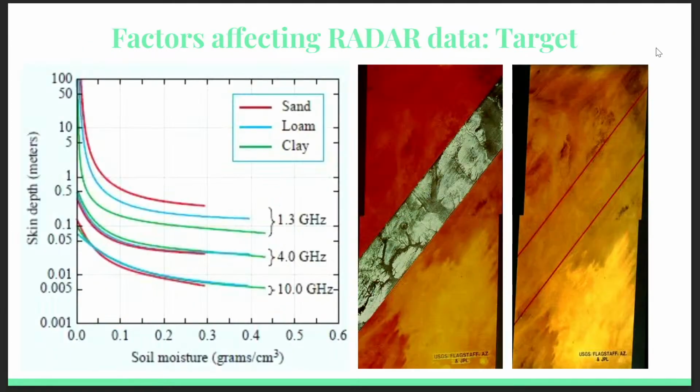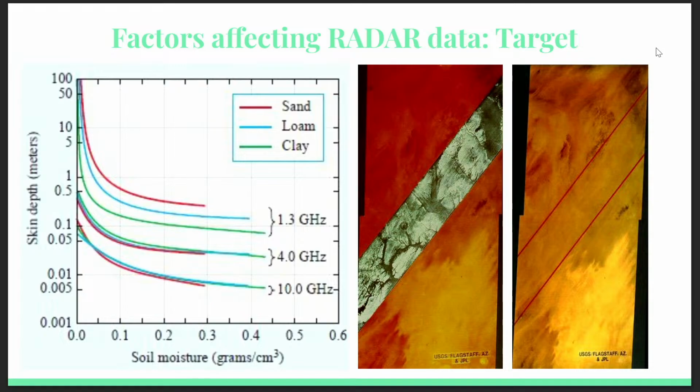So next is about the target itself. For different targets, for example sand, loam, and clay, these are different categories of the soil itself, right? So they will have different textures. Based on that, how much can a radar penetrate?